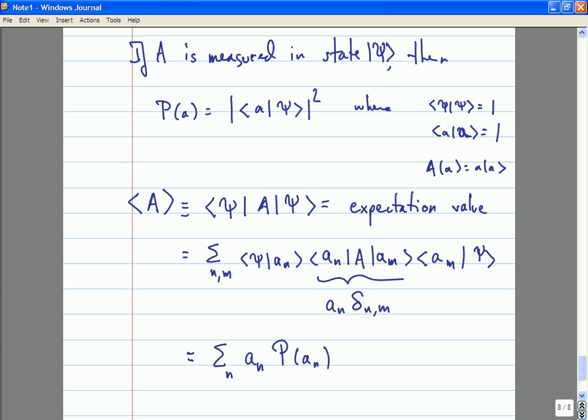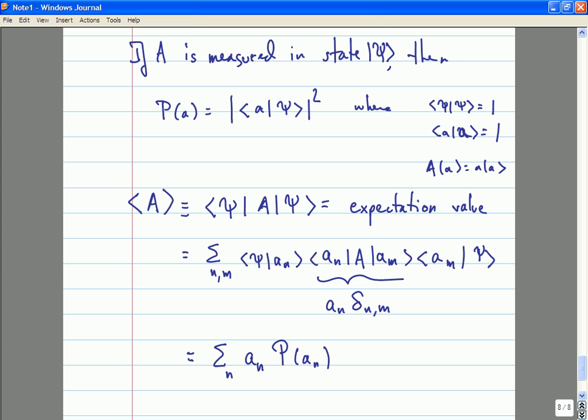So the expectation value of A is the sum over all possible outcomes of the observation times the probability of a given observation. So this is what we normally call an expectation value, not just in quantum mechanics, but in probability. So this is normally what you would think of as the expected value of some probabilistic variable, given some probability distribution.